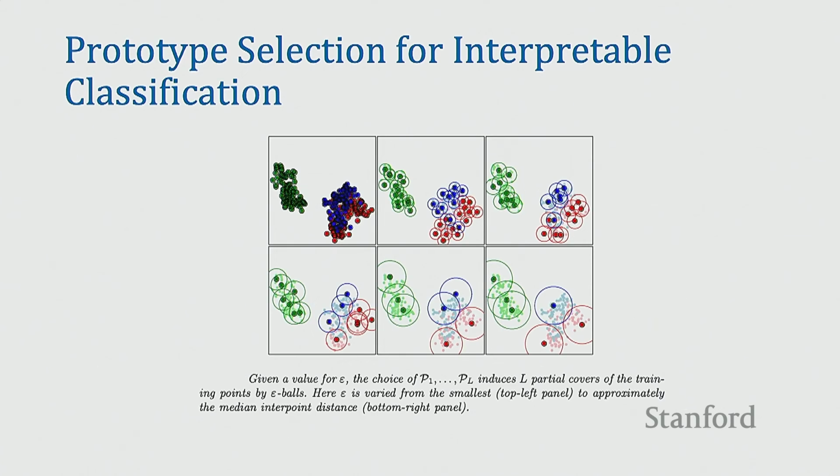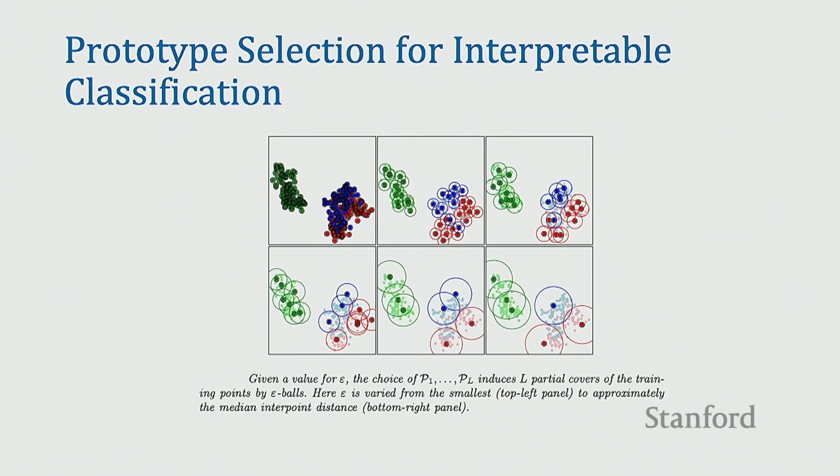So just to show some pictorial representation of this: the value of epsilon that defines the neighborhood can be given by an end user. This is showing, for different values of epsilon, if we pick certain prototypes, what neighborhoods they are covering.